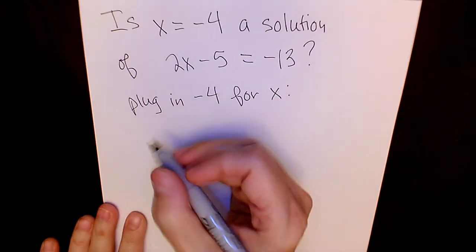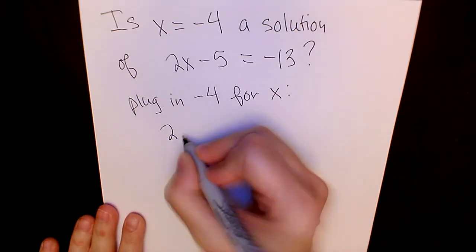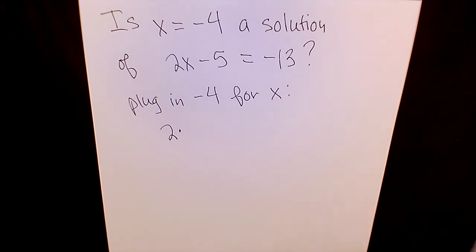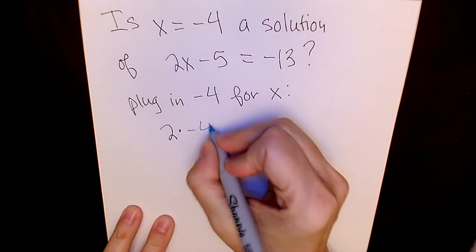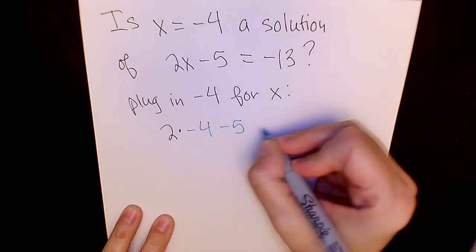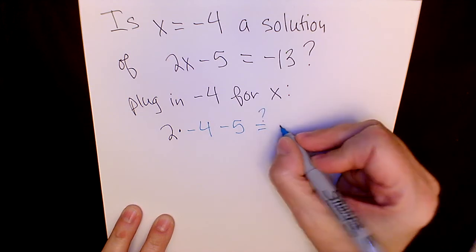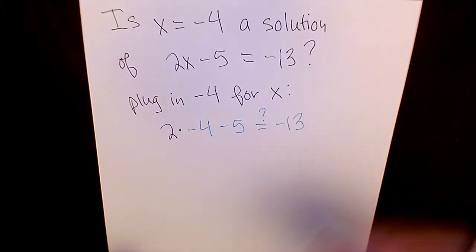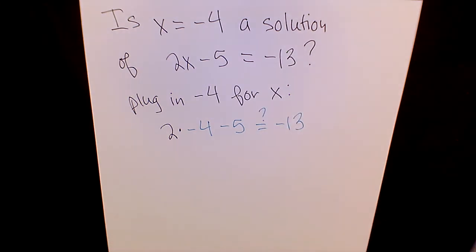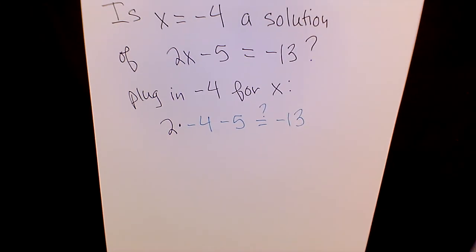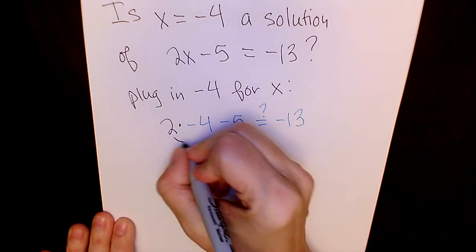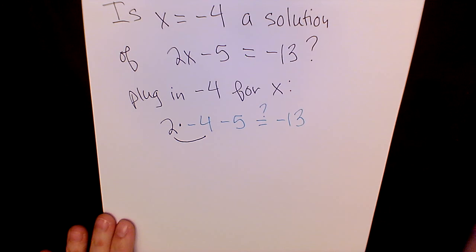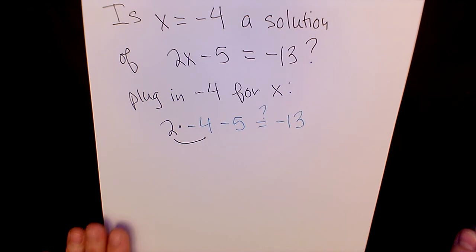Okay, so 2, and remember there's a times there. We don't see him, but he's there. Does that equal out to -13? Okay, so we're going to do 2 times -4.